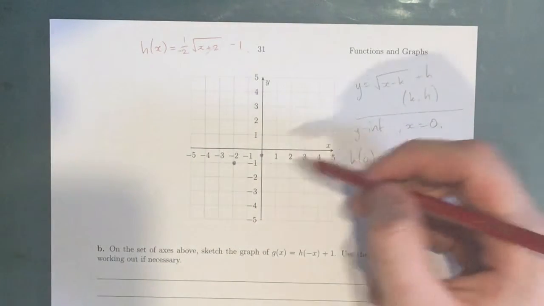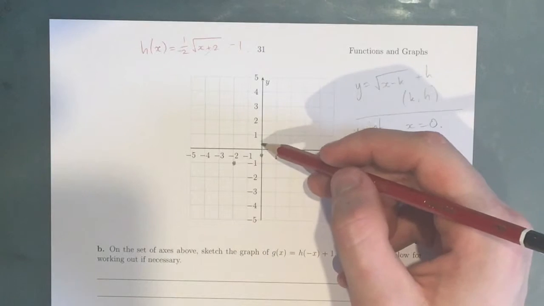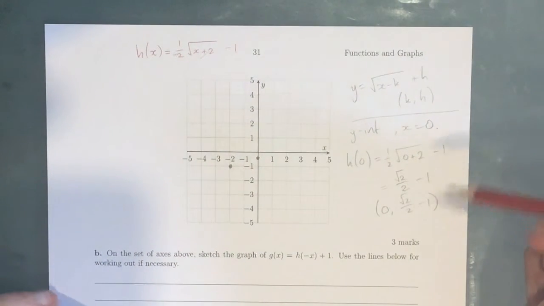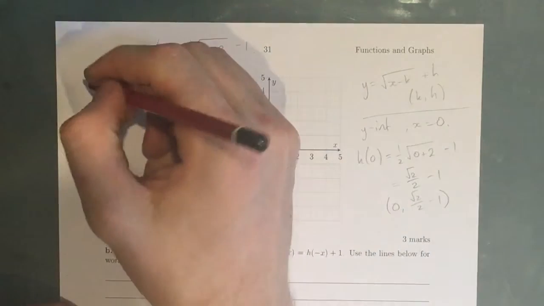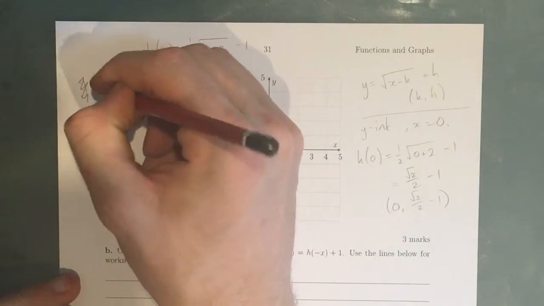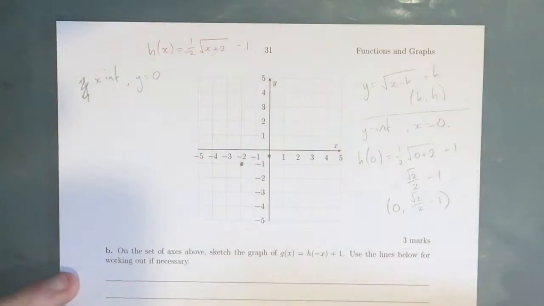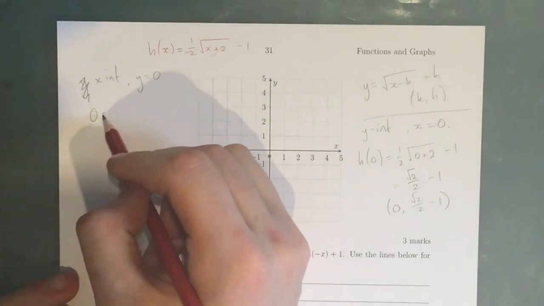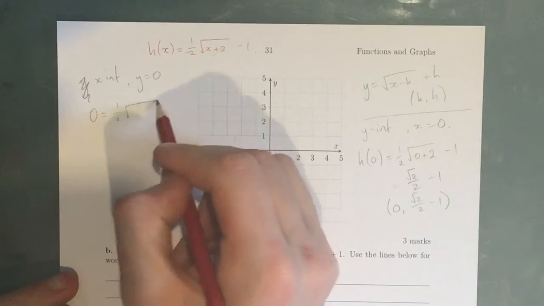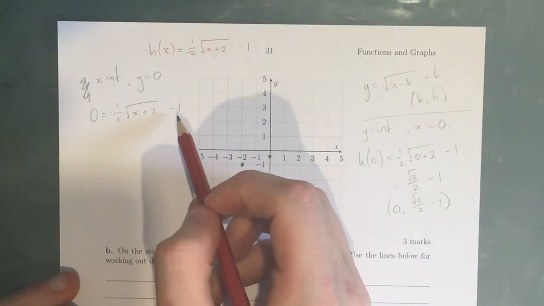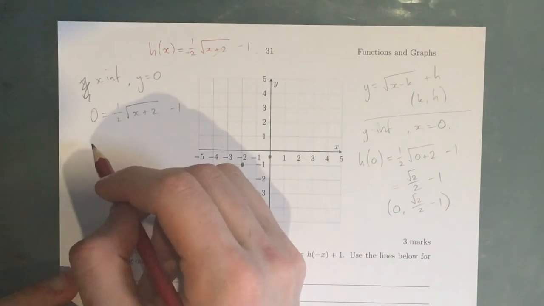It doesn't matter too much, but if it's on the positive side, then that's clearly wrong because you won't have an x-intercept over here. So let's work out what that x-intercept is actually going to be. So the x-intercept occurs when y equals 0. So let's go 0 equals 1/2 square root of x plus 2, take away 1. So we get +1 on both sides.